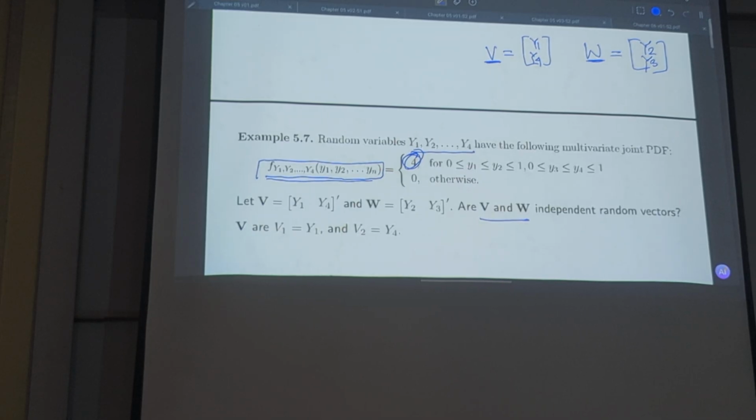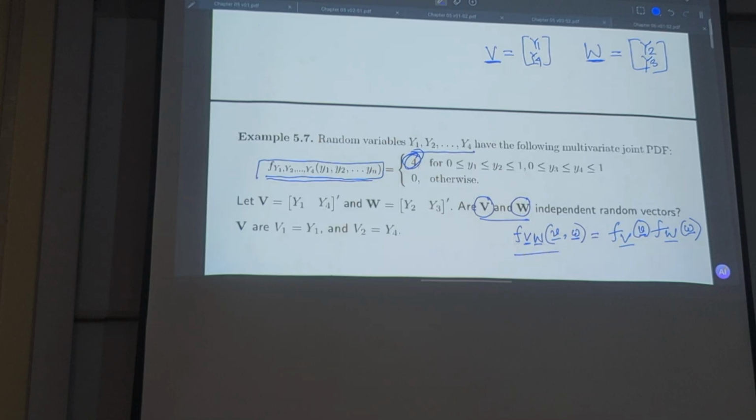Okay. So we want to know that V and W, two random vectors, are independent. To know that, we need to prove that what? The joint PDF of V and W for the values v and w, this relation should be satisfied, right?